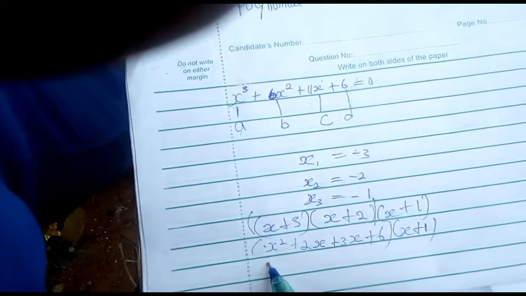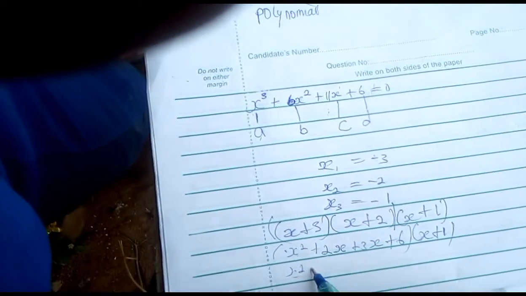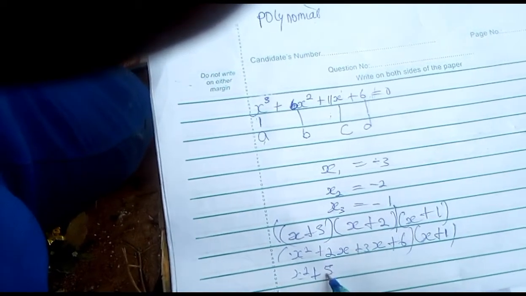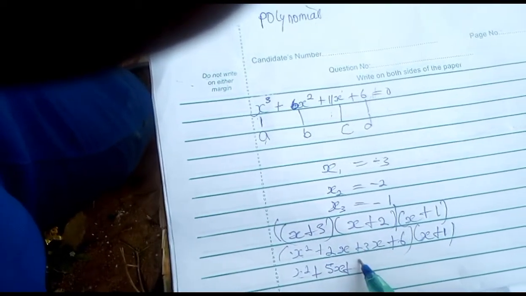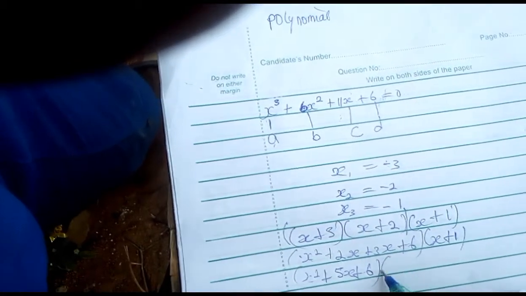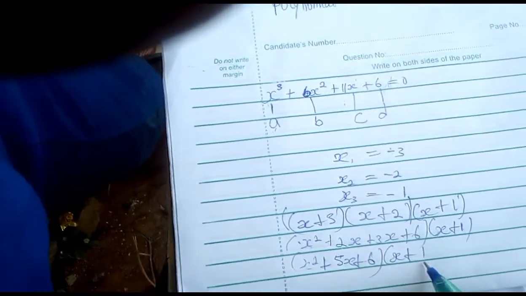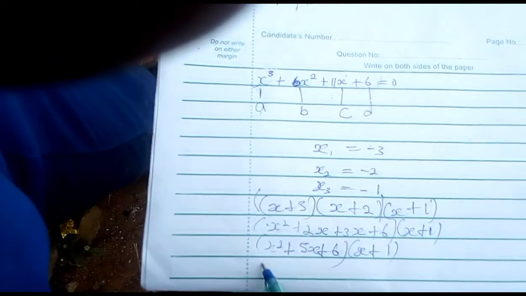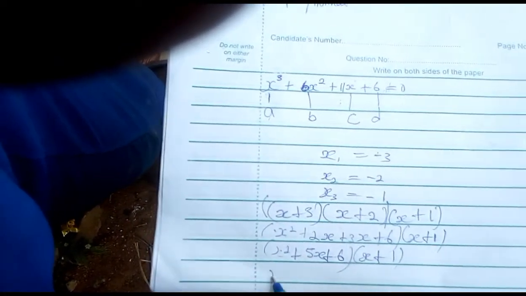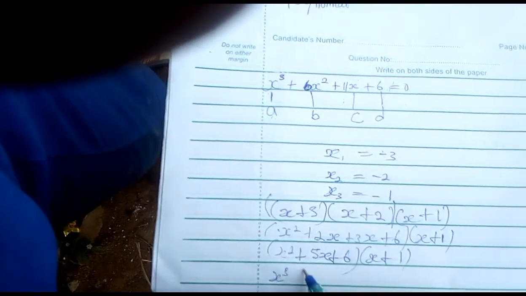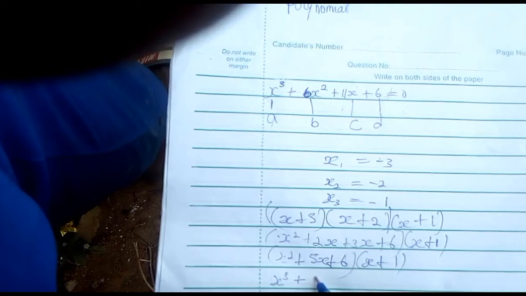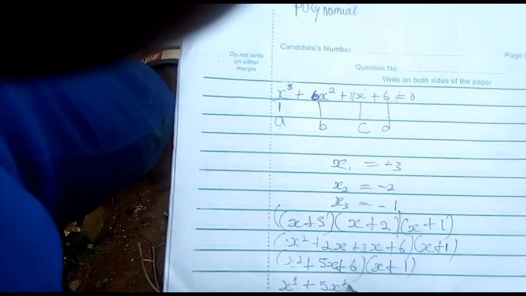Now we have x squared plus 5x plus 6, multiplied by x plus 1. Now multiply all again. X multiplied by this, you have x raised to the power 3. X multiplied by 5x, we have 5x squared.